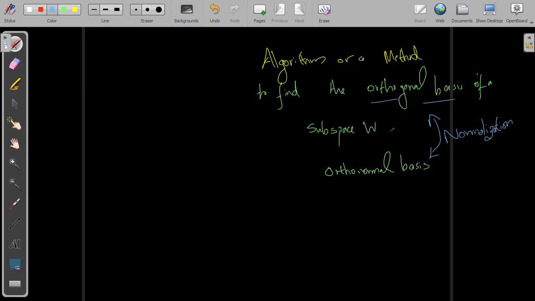So we will discuss the algorithm to find the orthogonal basis first, and then we will extend the discussion to the orthonormal basis.